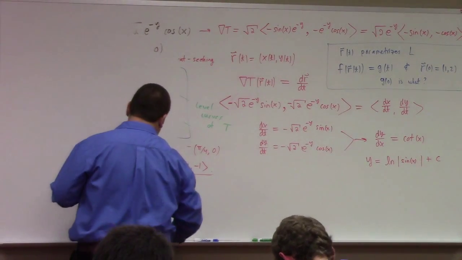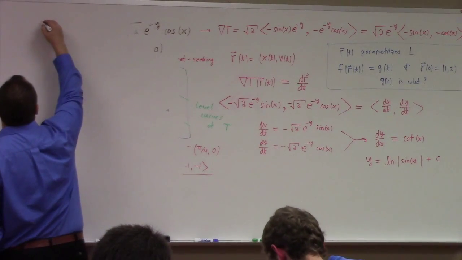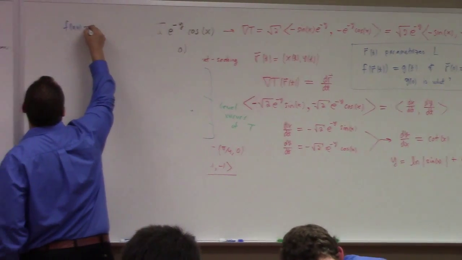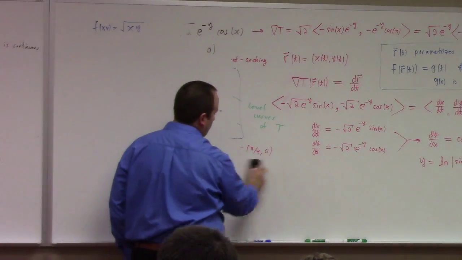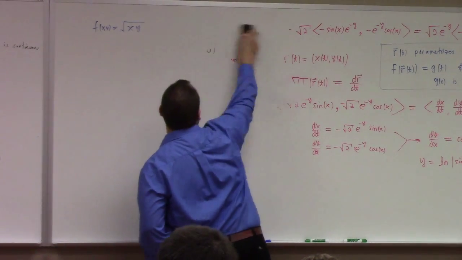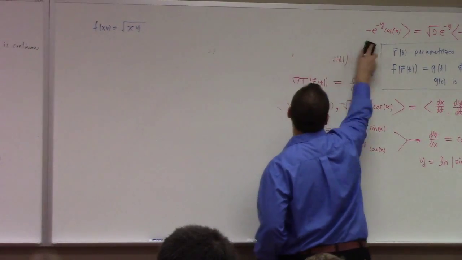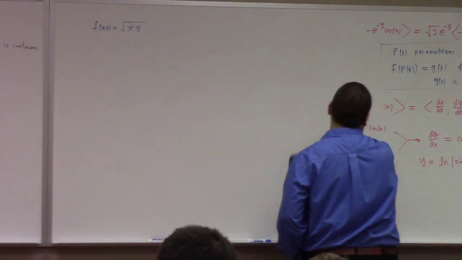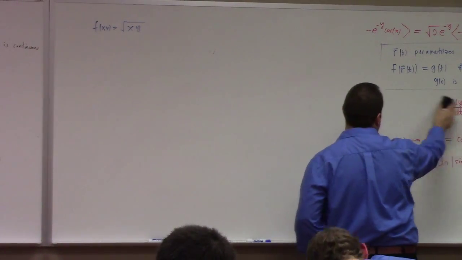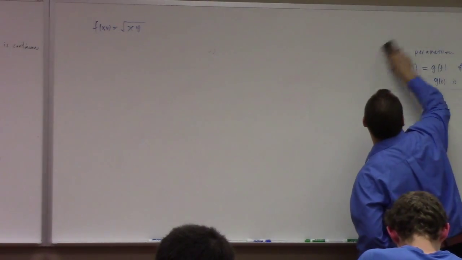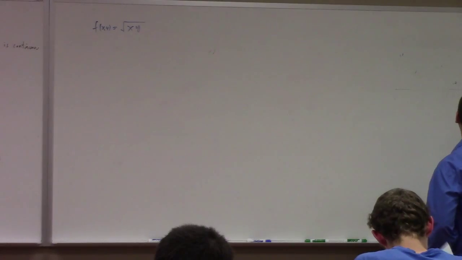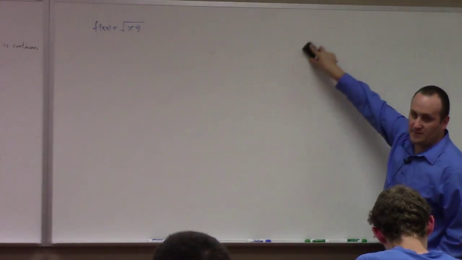It's kind of related. You have f of x, y equal to the square root of xy, and the question is, what's the domain? How do you figure that out? If a domain's not explicitly stated, what's the convention? The convention is you're greedy, right? Greedy as you can be. Try to make it as big as you possibly can.